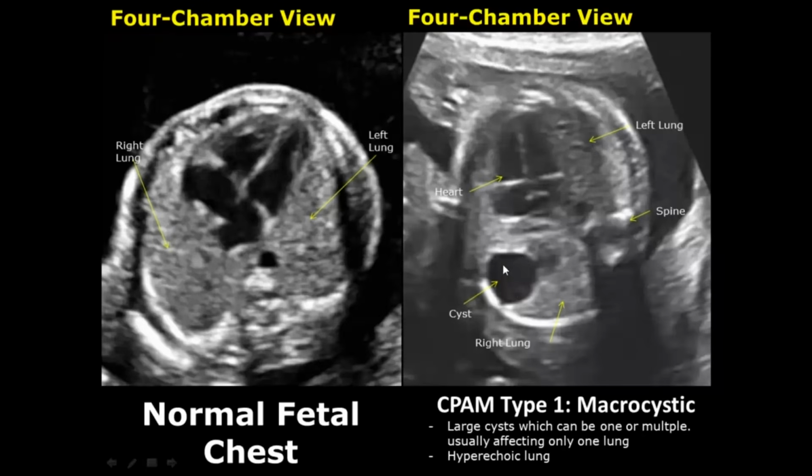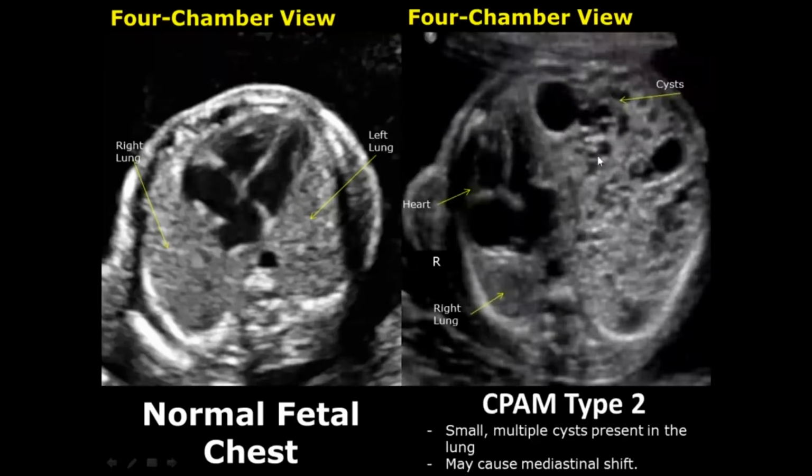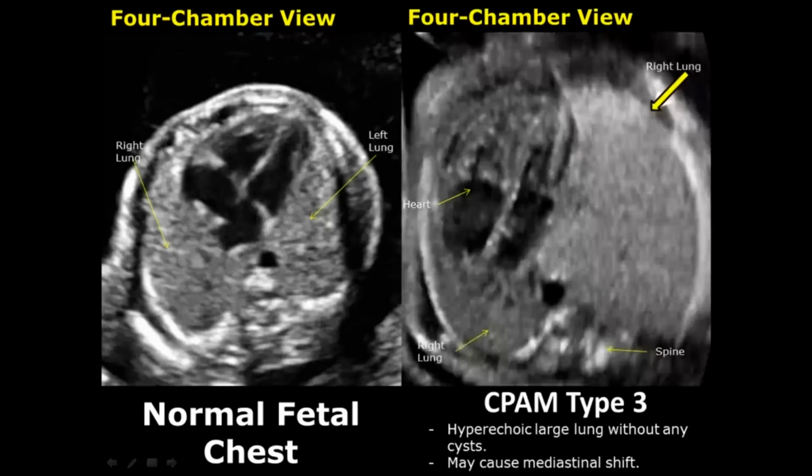They can be one or more than one, and the lung is enlarged and hyperechoic as well, and it may cause mediastinal shift. In type 2, we will have small multiple cysts scattered throughout the lung, and the lung is enlarged and hyperechoic. In CPAM type 3, we will see a hyperechoic enlarged lung without any cysts.